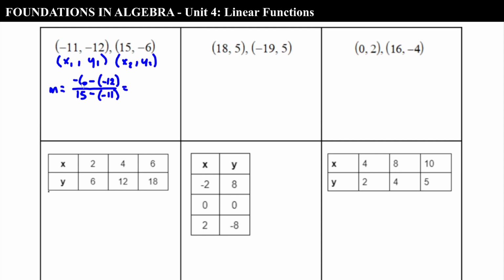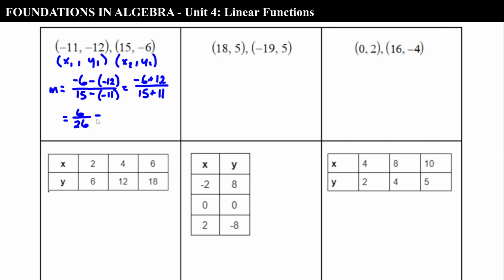So we have negative 6 plus 12 over 15 plus 11. So negative 6 plus 12 is going to be 6. 15 plus 11 is going to be 26.